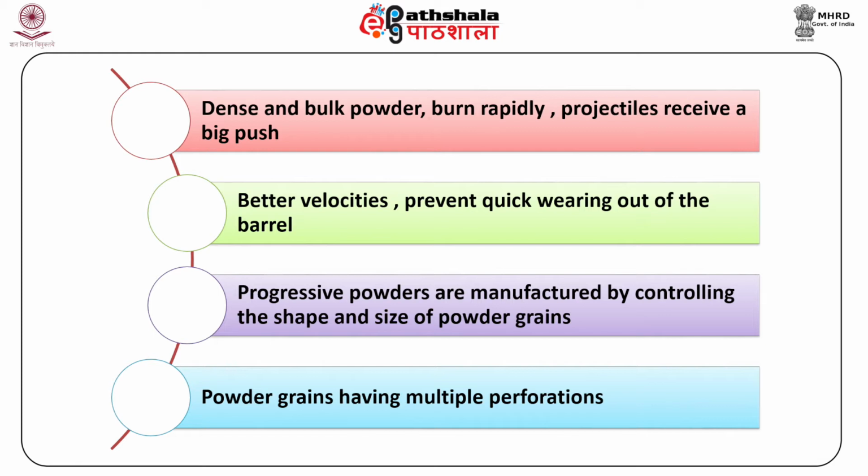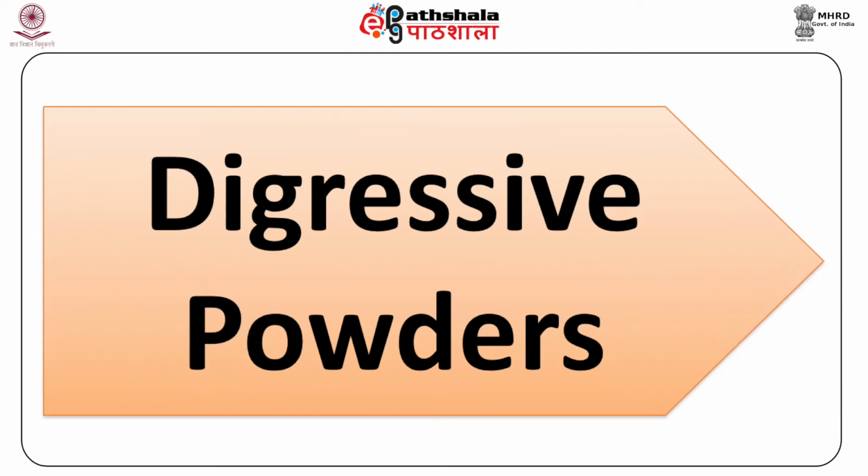Progressive powders are manufactured to suit the needs of a particular weapon by controlling the shape and size of powder grains. For example, powder grains having multiple perforations. Next is digressive powder.